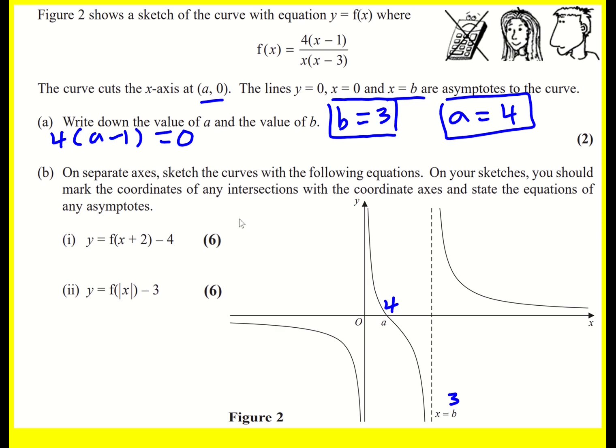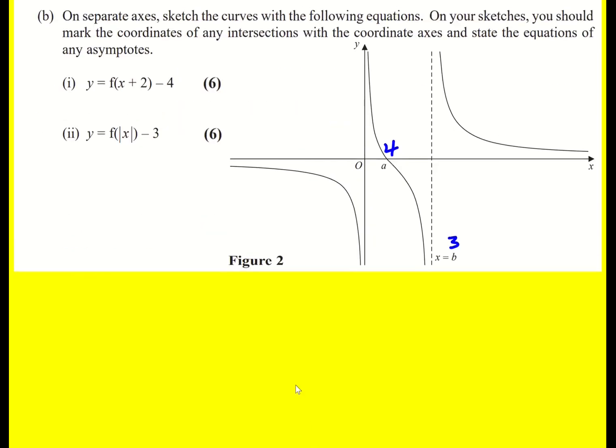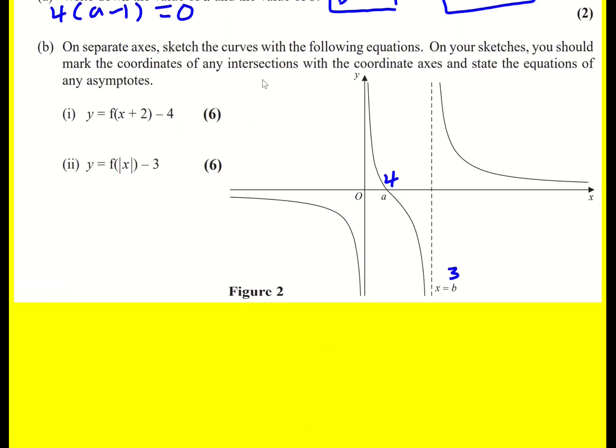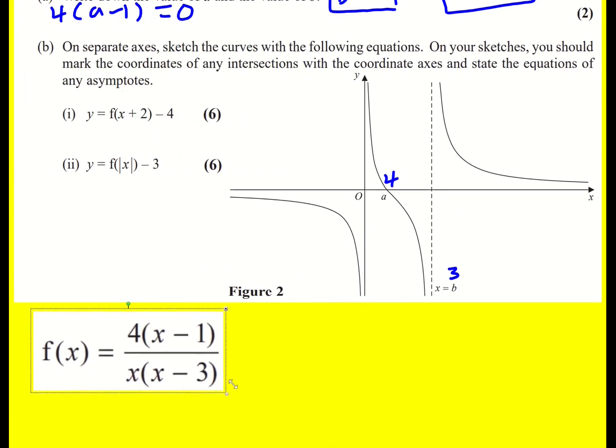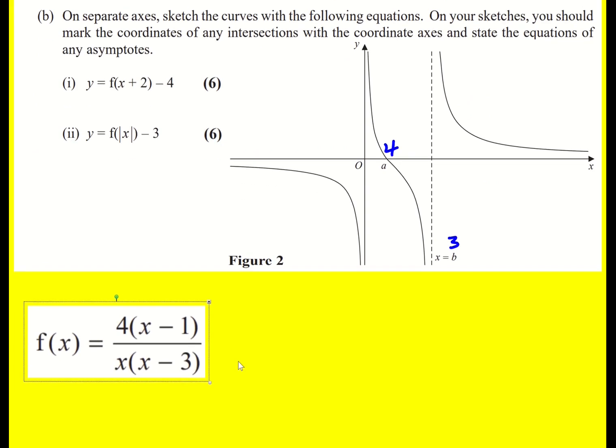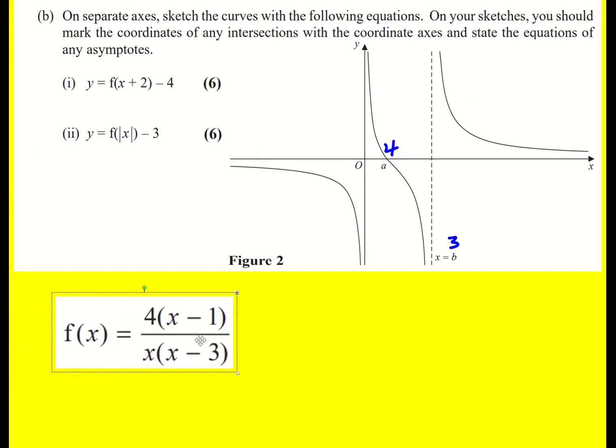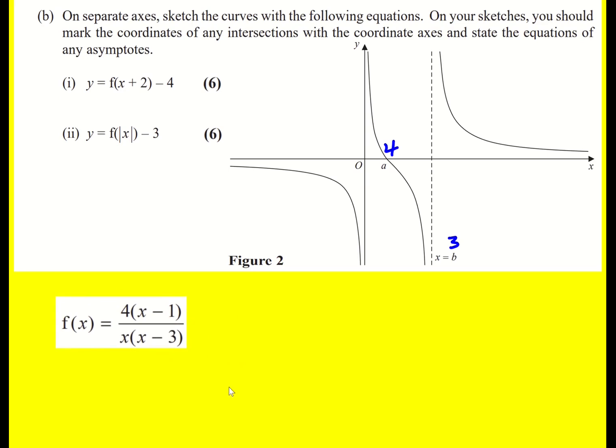In the next part, we're asked to transform this original function, but we have to show any coordinates of intersections and state the equations of the asymptotes. It might help to write the function down, but we can do a lot before we write it down.